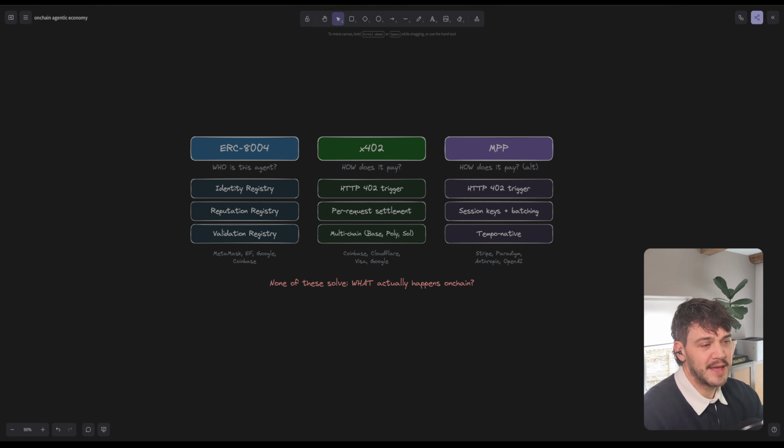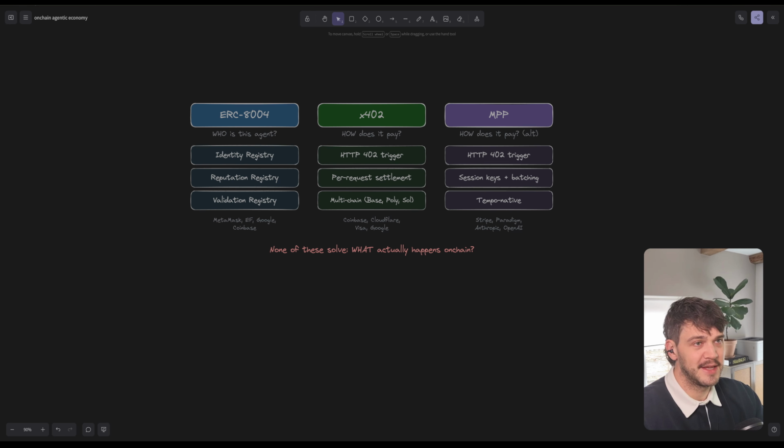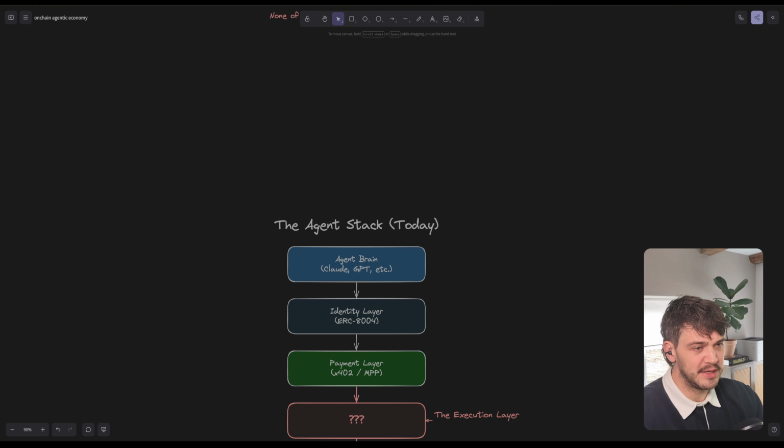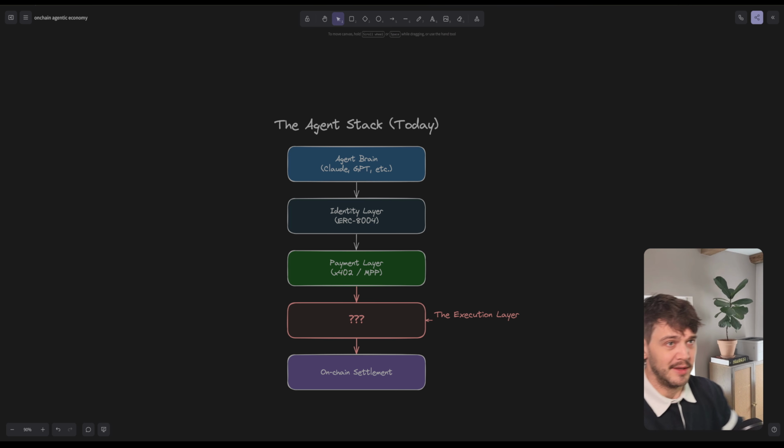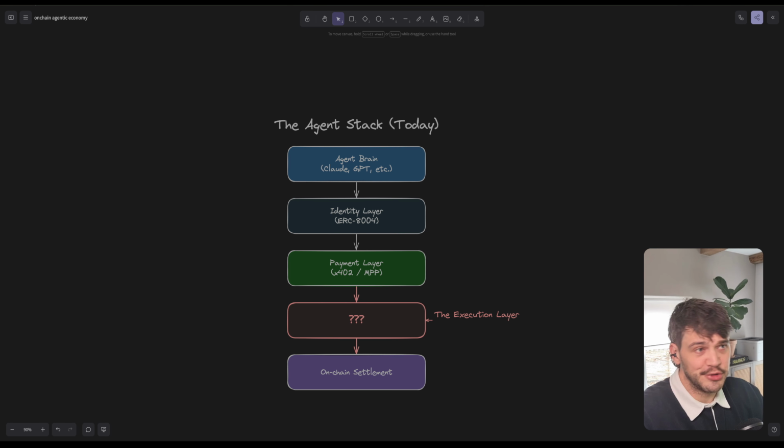Now, the gap here is still that none of these actually solve what happens on chain. And that's the gap that I want to dive a little bit deeper into. The best way to do that is by looking at the stack as it's emerging today. At the top, the agent, which is the reasoning layer. Here we'll have the likes of Claude, ChatGPT, Gemini, basically your preferred LLM or reasoning layer.